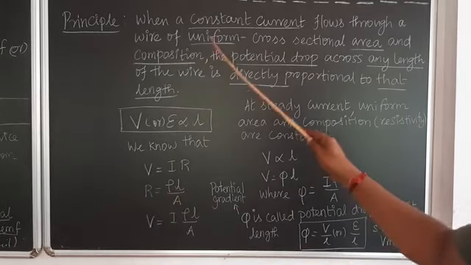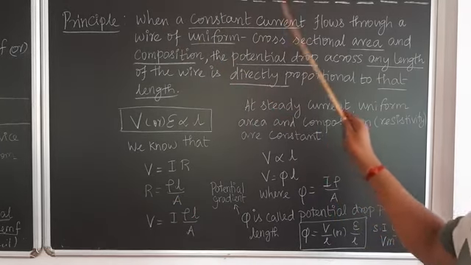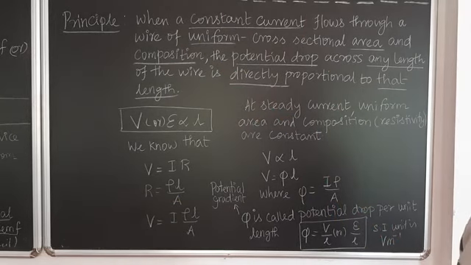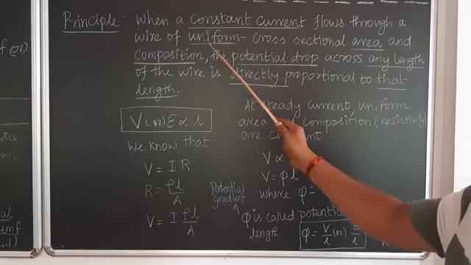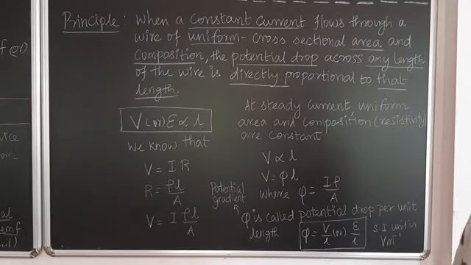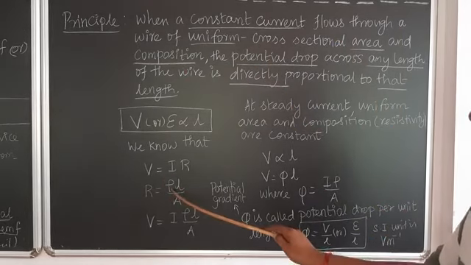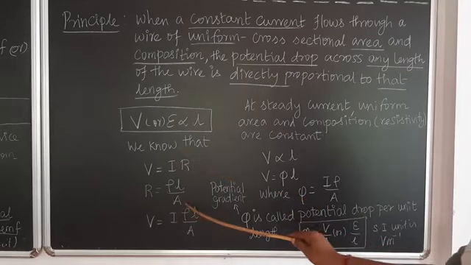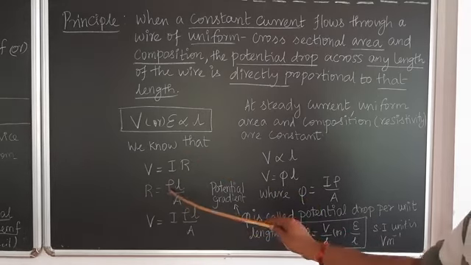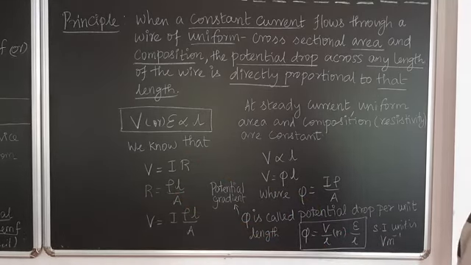So, what we wrote in that principle: when a constant current flows, I is constant, through a wire of uniform cross sectional area and composition. Composition means resistivity, area of cross section means A. So, rho and A are constant.